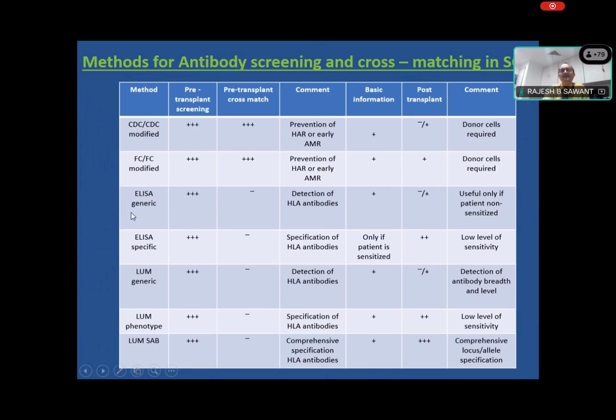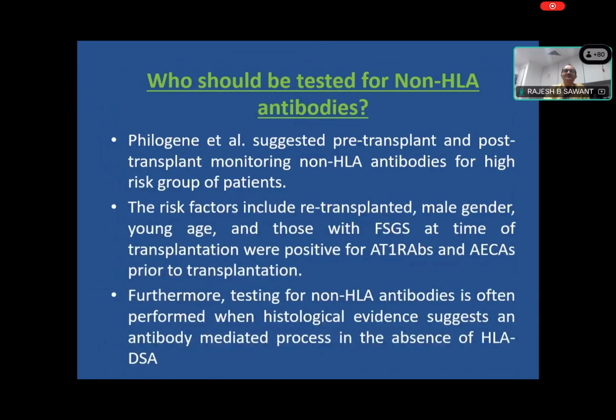We do not use the ELISA based testing over here, but we use the Luminex based testing, which gives us the important consideration of HLA antibodies, where we can detect the various spectrum of the HLA antibodies, and we can also speculate some quantification in terms of correlation with the MFI values that we are looking at. And then you have very specific tests, which are the single antigen bead test, which will give you a comprehensive specification of the HLA antibodies which you are dealing with in your patient.